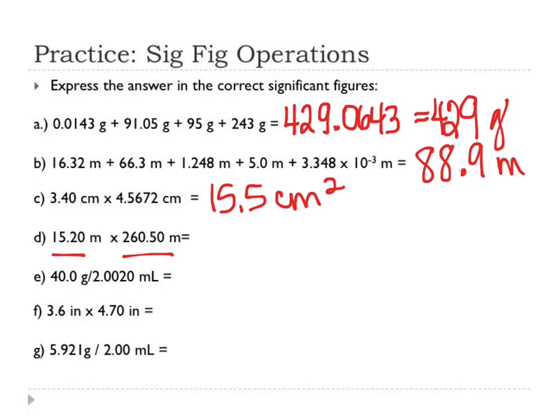So our answer needs to have 4 significant figures, so our answer would be 3960. How do I make that 0 significant? I'm going to put a decimal right there. And then my units are going to be meters cubed.